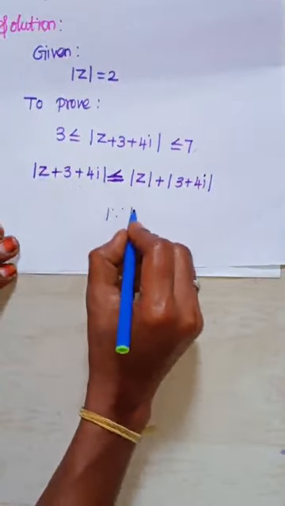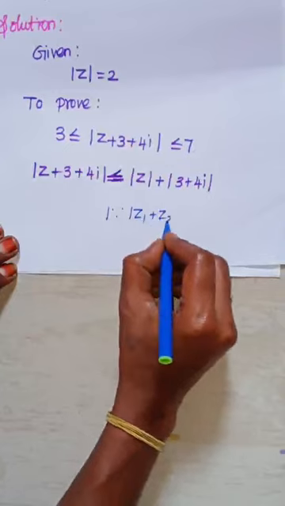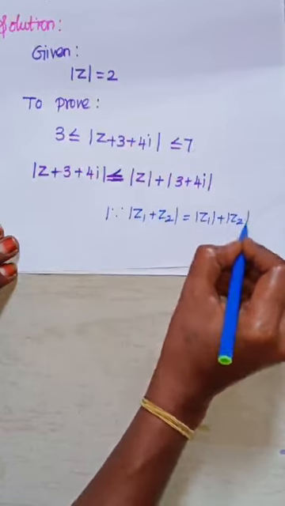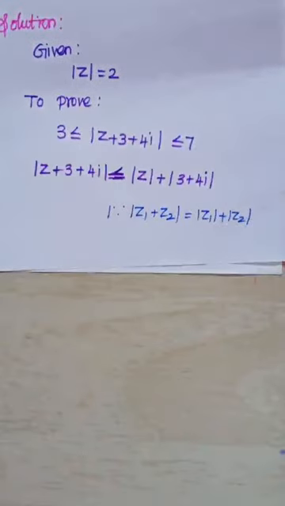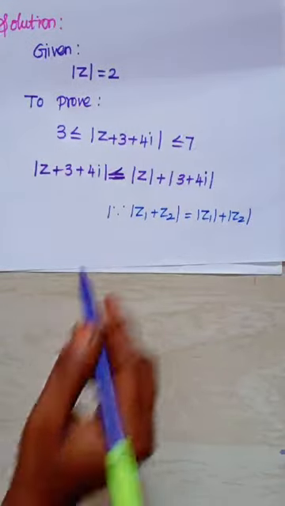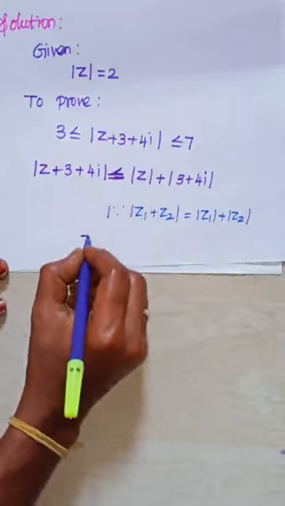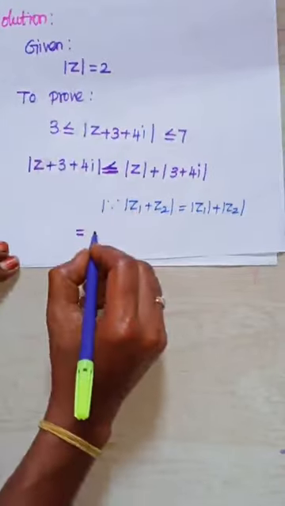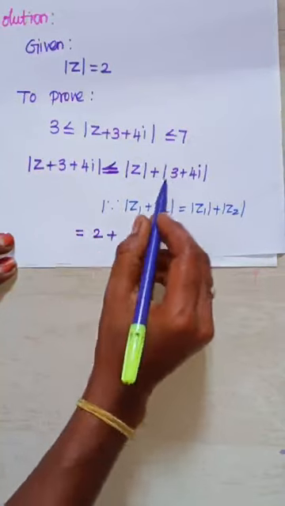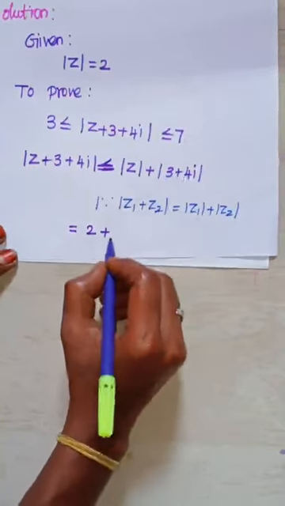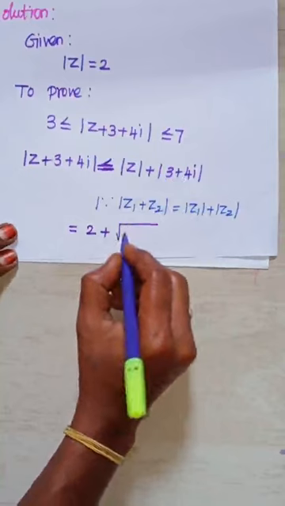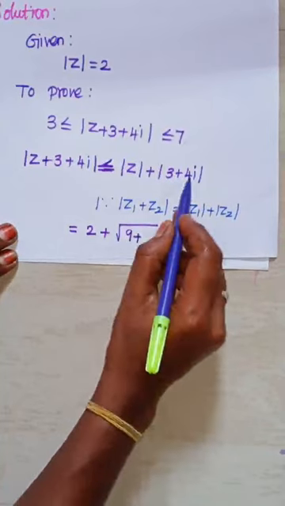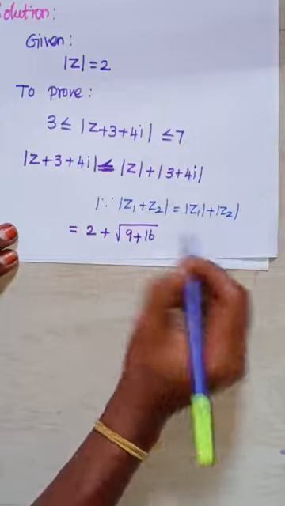Why do we write it as separate moduli? Because we know the property modulus z1 plus z2 is less than or equal to modulus z1 plus modulus z2. Here this is equal to modulus z, whose value is given as 2, plus modulus 3 plus 4i, which is the square root of 3 squared, that is 9, plus 4 squared, that is 16.